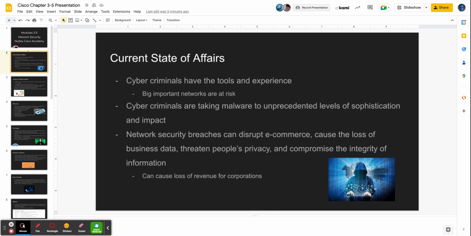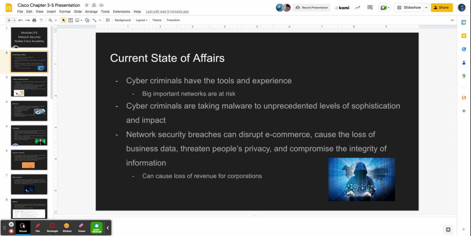Let's go. So, with networks, these are the current states of affairs with network security. Cybercriminals have gained a lot more tools and experience, and this is now causing big, important networks to be at risk.